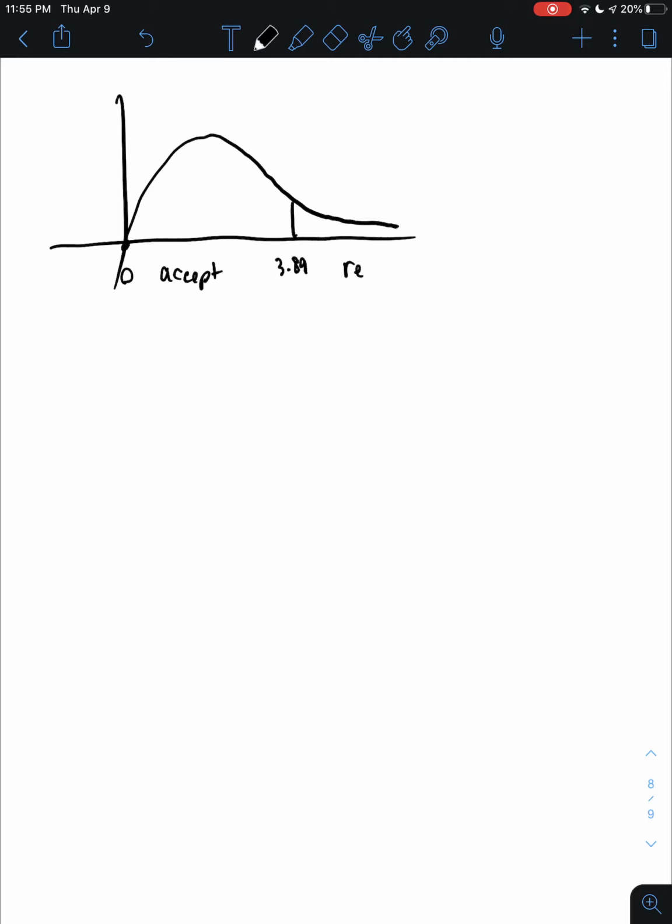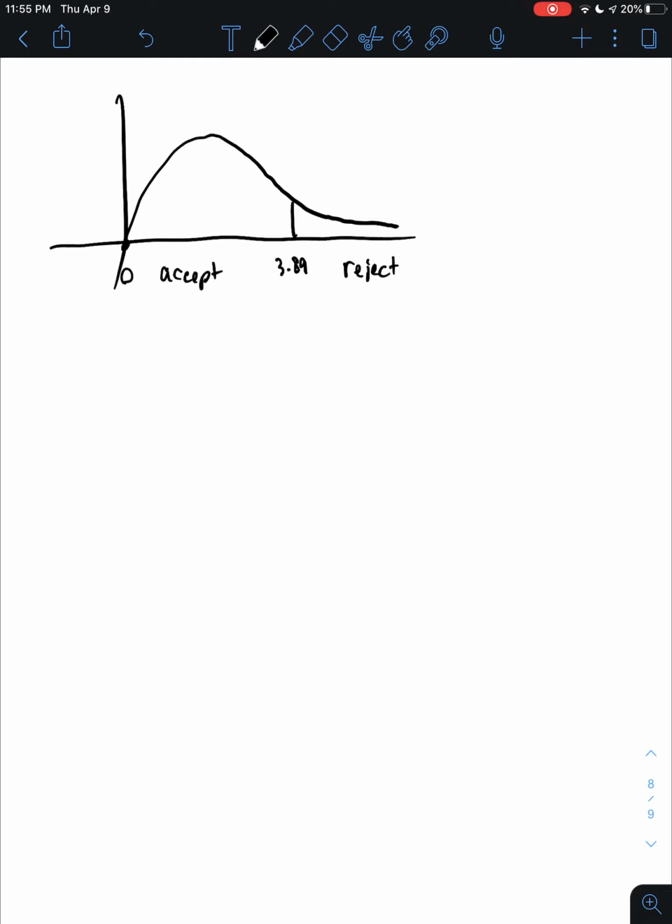So I'll draw my picture. All the F's look the same roughly. The details are different, but the general shape is always the same. 3.89 is the critical value for F. The acceptance region is the region that includes 0, as always. The rejection region is the other region.